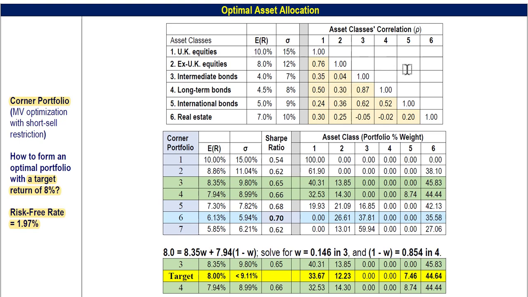But because the correlation is symmetrically distributed, we only look at one part of it, and you can see that the real estate class had a low correlation to other classes, either equity or bond. Some correlations are even negative.